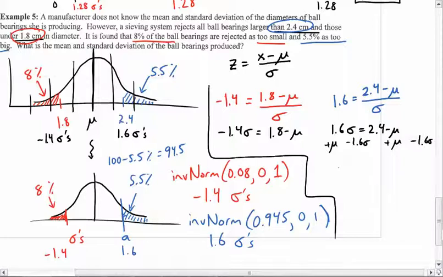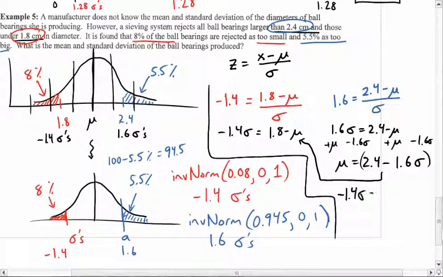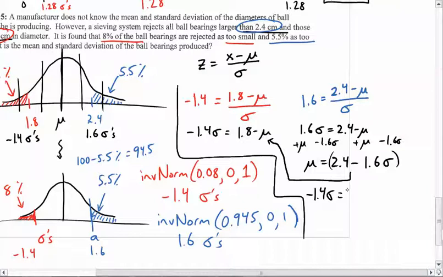Then I get mu is 2.4 minus 1.6 sigmas. Now I can put this value for mu into my first equation. So negative 1.4 sigmas is the same as 1.8 minus (2.4 minus 1.6 sigmas). And now I have an equation with just sigma.